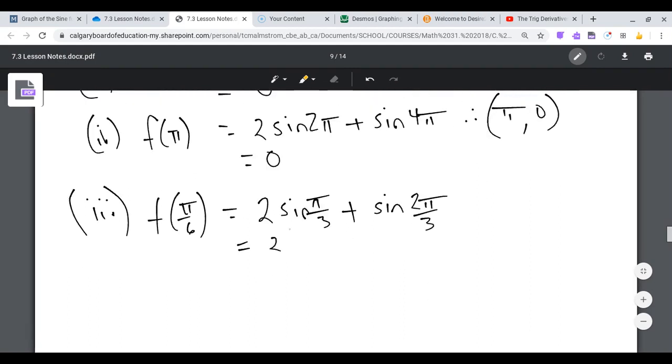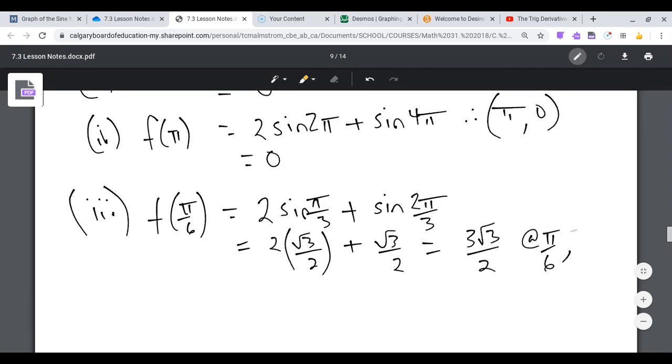So this is 2 times root 3 on 2 plus sine of 2 pi on 3, which is also root 3 on 2. So what do I have here? 2 plus 1, I have 3 root 3 on 2. So there's my max at pi on 6 and 3 root 3 on 2. That's definitely my max. That's bigger than any of those zeros that we got.